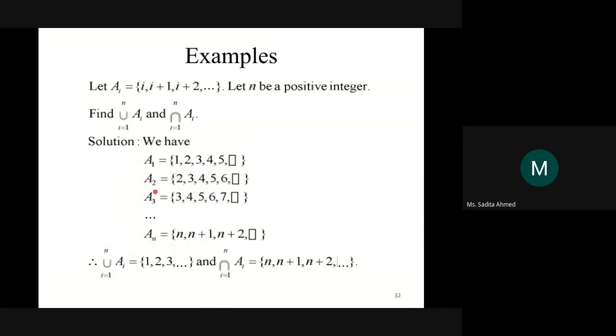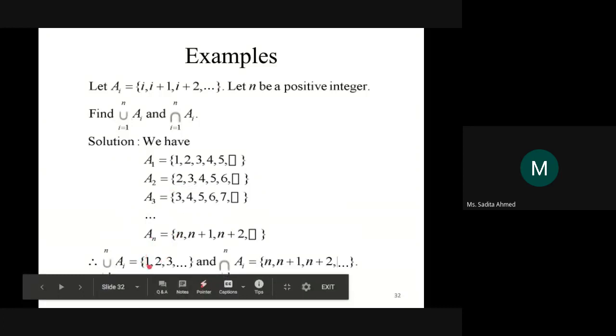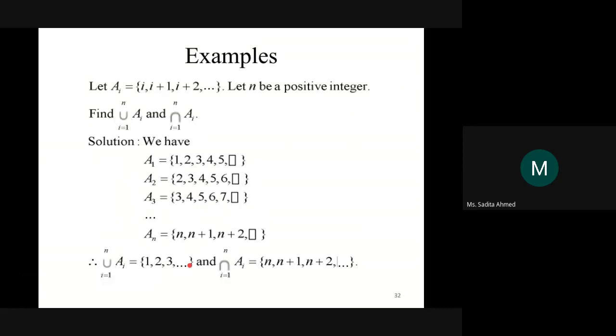Because A1 has all the elements that are there in the rest of the sets, all right? And in the union, we bring in all of the elements, okay? So the generalized union is going to be equal to A1, or equivalent to the set that contains 1, 2, 3, 4, 5, 6, and so on. That is the set of all positive integers. Okay, is this clear to everybody?